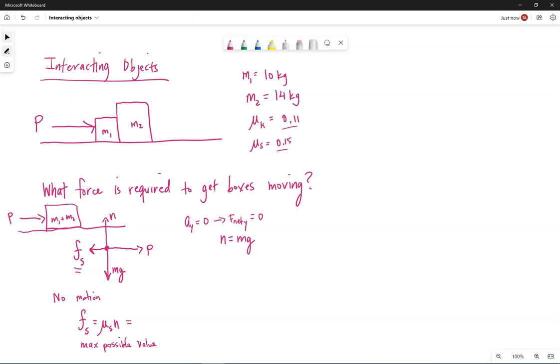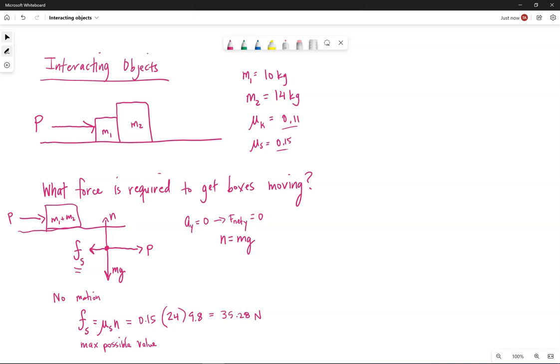So I can come down here and plug in the coefficient of static friction, m meaning the mass of both boxes together as if they were one, and then g, of course, is 9.8. So if I plug that in, I'm getting 35.28 newtons.